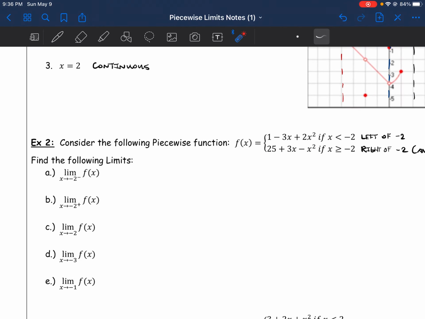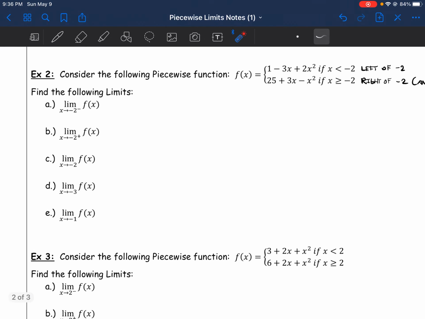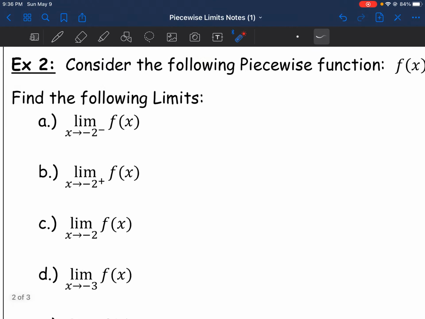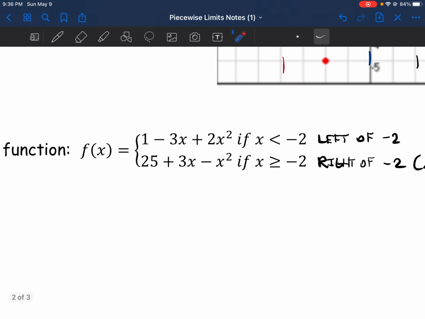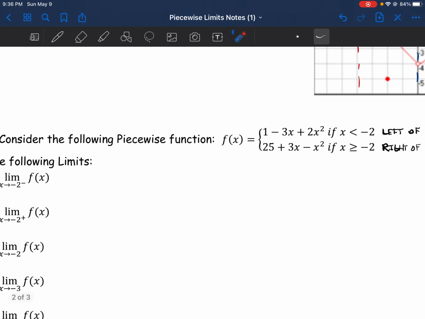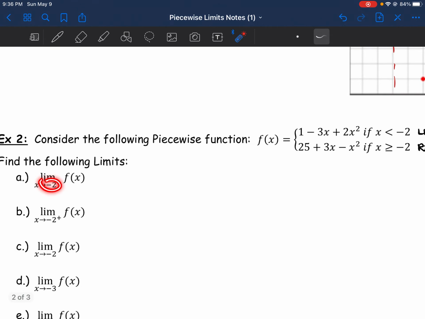So we want to figure out all of these limits right here, a through e. So first, we want to figure out the limit as x approaches -2 from the left. Well, left of -2, we would use that function. So we're going to take that 1 minus 3x plus 2x squared, and we're going to plug in -2.